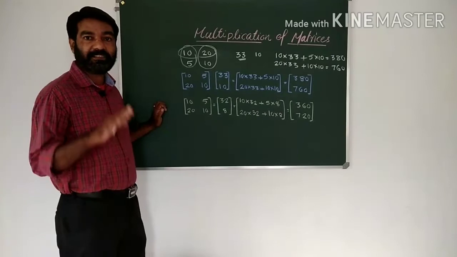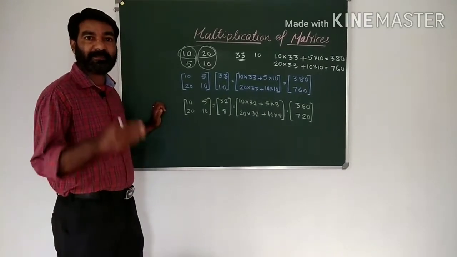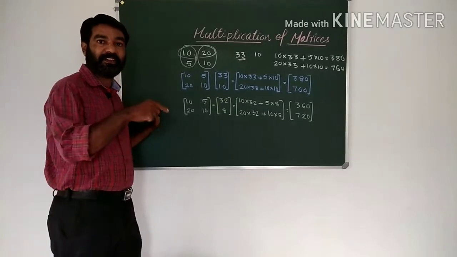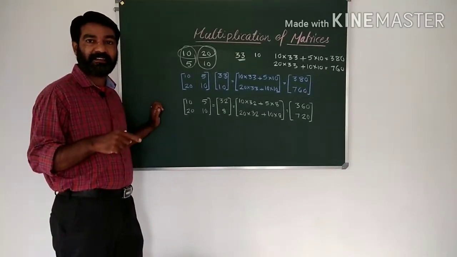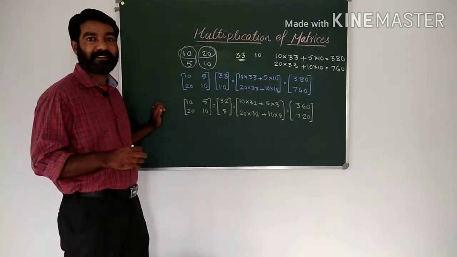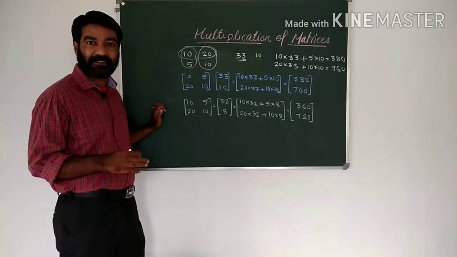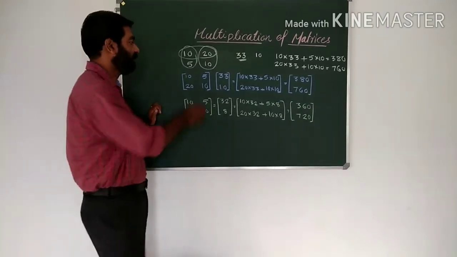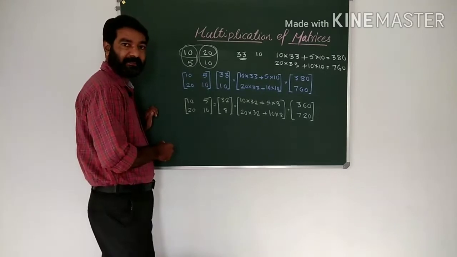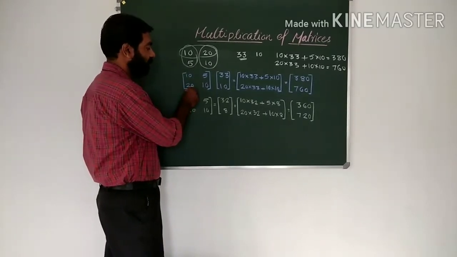See, this information we can represent using a matrix. In the beginning of this class, I already explained that a matrix is a rectangular arrangement of numbers, that is, some information we are representing in a matrix. See here, 10 notebooks and 5 pens I need. My friend needs 20 notebooks and 10 pens.